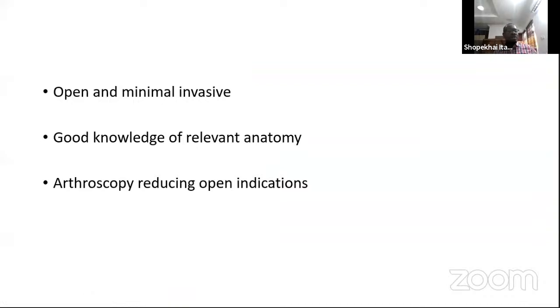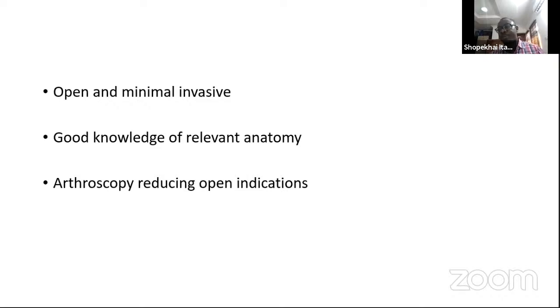Basically, we'll be talking about the open and minimally invasive approaches. Again, it's all dependent on good knowledge of the relevant anatomy, so as to avoid injuring important structures, neurovascular structures, and also knowing how to approach so that your repair is adequate when you're closing and doesn't cause significant morbidity to the patient.